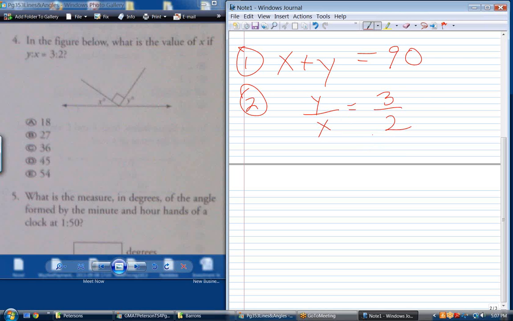Doing this algebraically, I would multiply the second equation by x, so I would solve for y, and then go back and substitute for y into the first equation and solve for x. What I said before was y is equal to 90 minus x, but it's easier in the other one. Well, I'm not sure it is. There's nothing wrong with the way you did it.